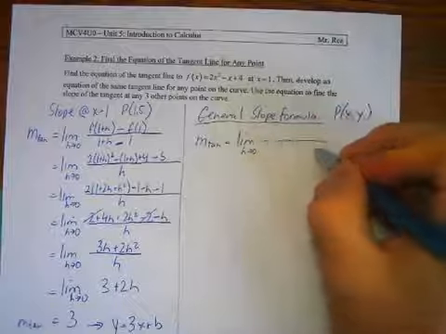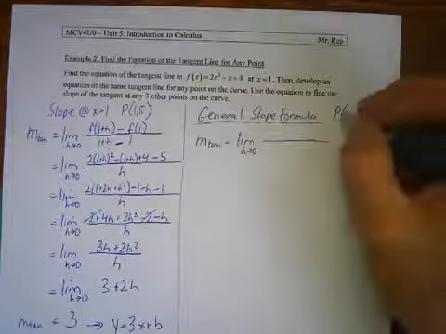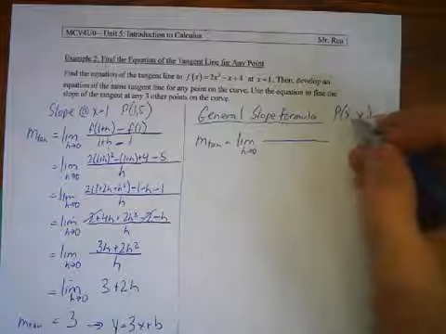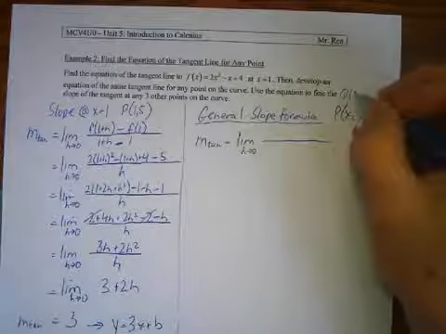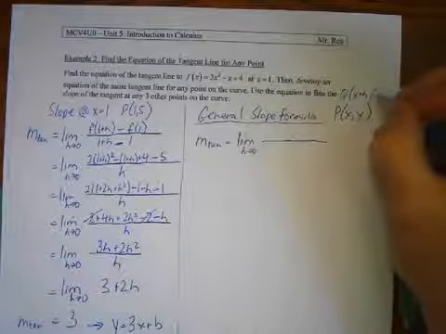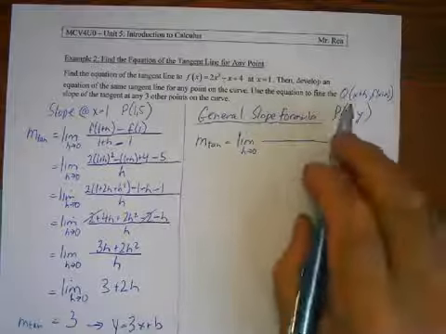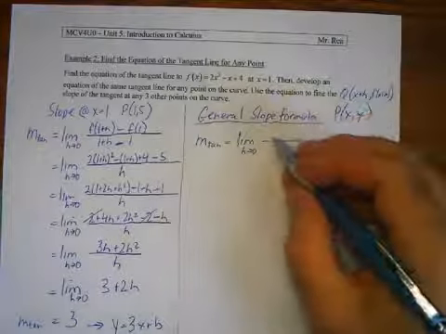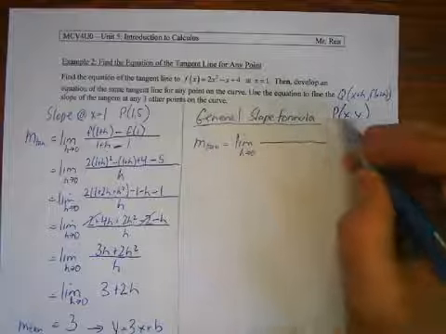Okay, so we're still going to use points P and Q, but point Q is going to be x plus h, f of x plus h.